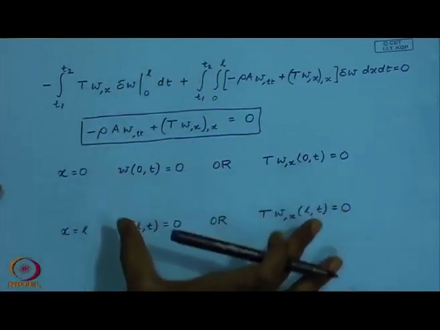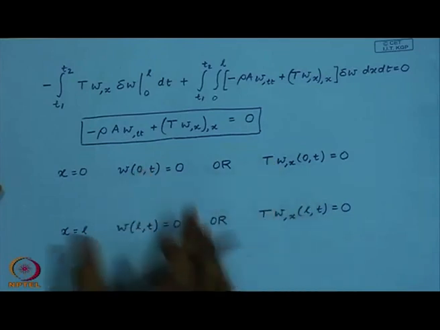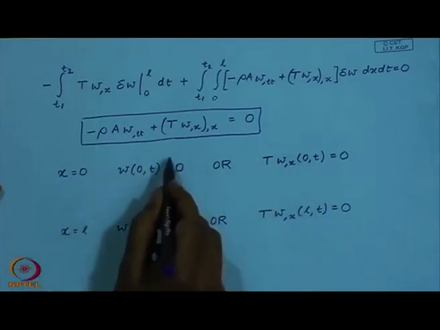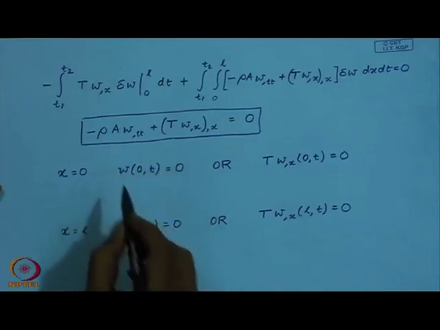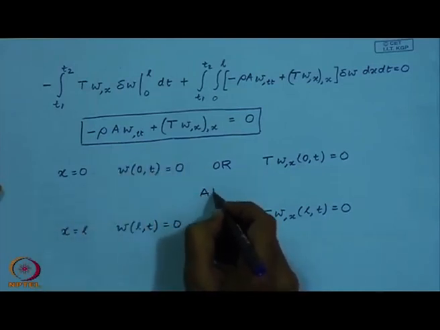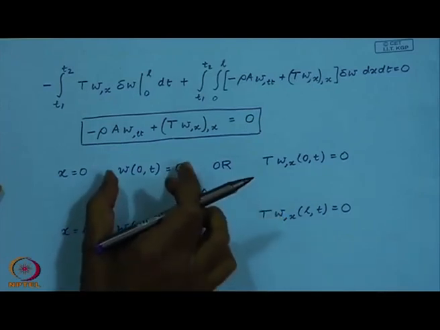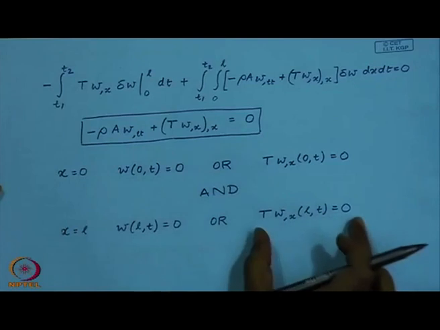So, both these things must, so either this equal to 0 and this equal to 0, or this equal to 0 and this equal to 0.